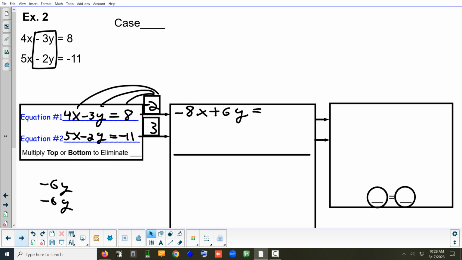And negative 2 times 8. Yeah, negative 16. Now the bottom, we're going to multiply by 3. 5x times 3 is 15x. Joe, what's 3 times negative 2y?